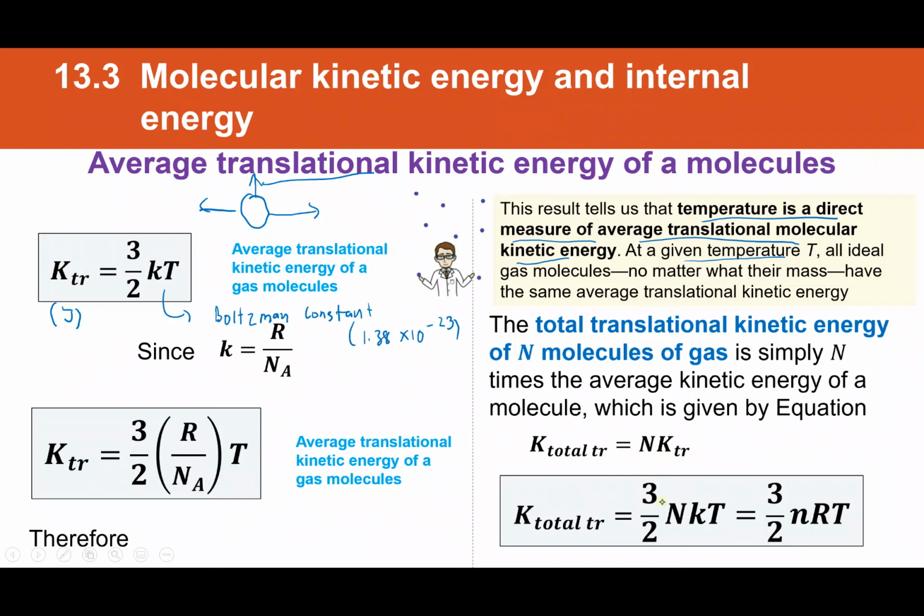Itu kalau you ada n molecules. Kalau you ada n mole of gas molecules, so you akan darab je lah dengan number of moles of the molecules. Okay, yang ini adalah total, yang ini adalah average. Ini translational kinetic energy. So you jangan confuse dengan the terms used.